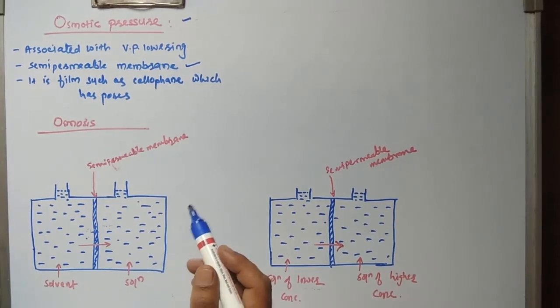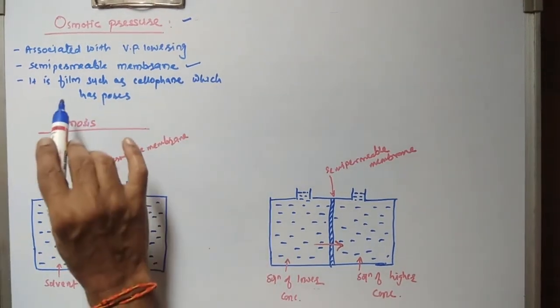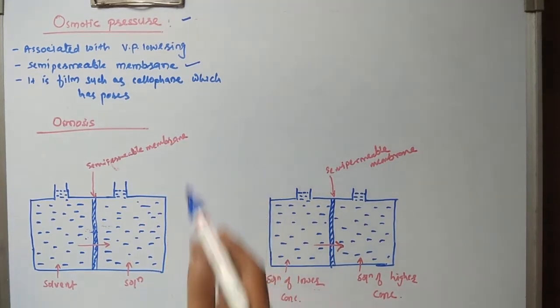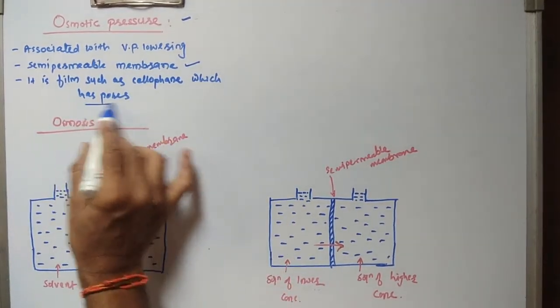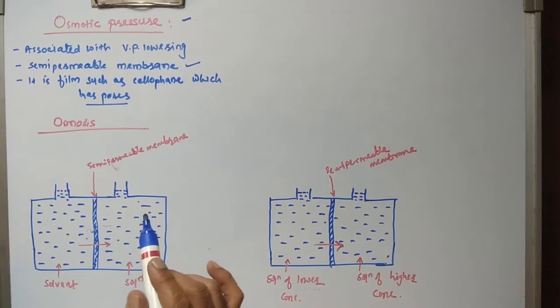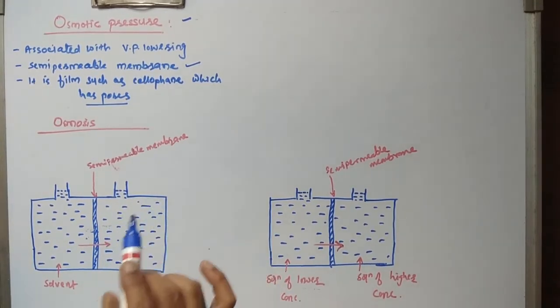Now what is a semi-permeable membrane? It is a thin film such as cellophane which has pores, and through these pores only the solvent molecules can pass, but not solute particles.